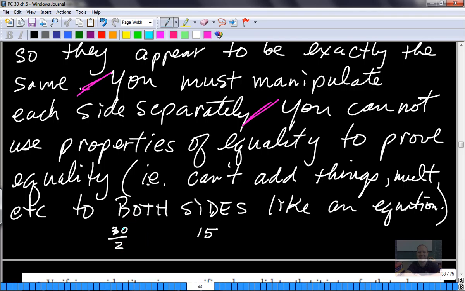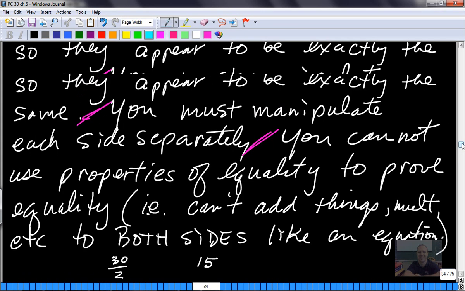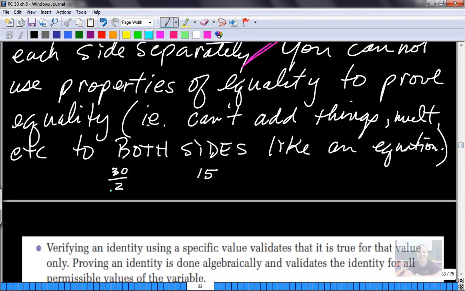Or let's say you're showing these complicated steps, and you say, well, 30 has factors of, just give myself some space here, 30 is actually 2 times 15. And so that 30 can be written as this, and this is obviously still there. And then you say, because of this, this side actually equals 15. And then you say, hey, there we go. I've proven that they are exactly the same.